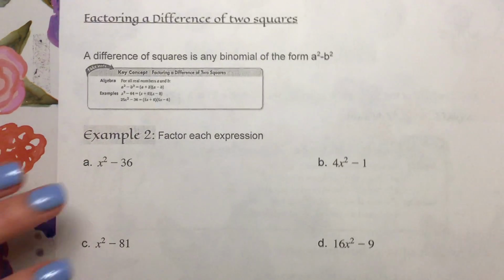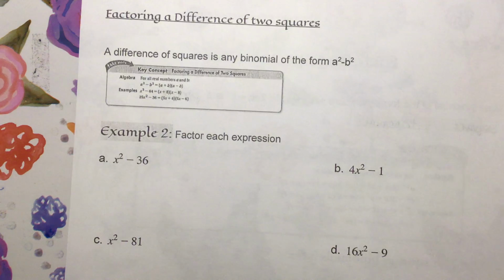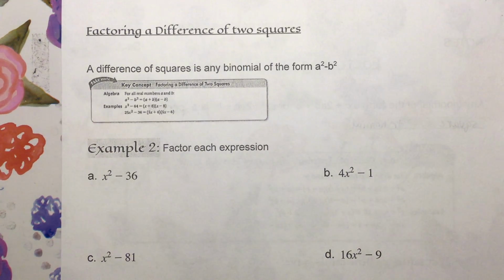All right, so now we have one more special type, and this is called factoring a difference of two squares. Now there is a quick little pattern for this as well, but I'll show you the long version and then I'll show you the short version of this. So factoring a difference of squares is literally when you have a minus sign with two perfect squares.